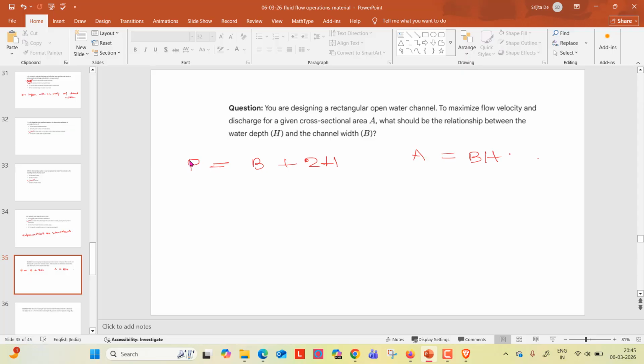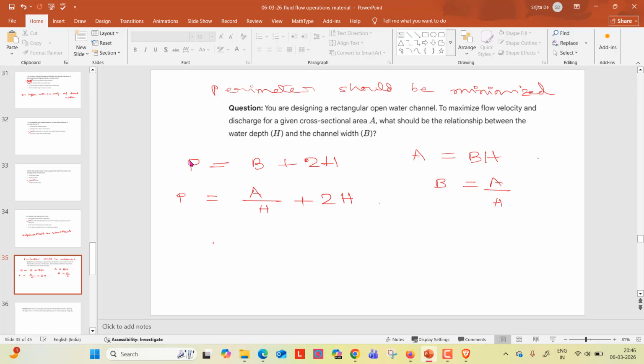So we can now substitute B in the perimeter, like A by H. So perimeter will be A by H plus 2H. So now perimeter should be minimized, we know, right? So here for getting maximum flow velocity and discharge, perimeter should be minimized.